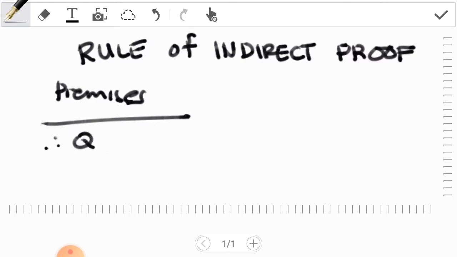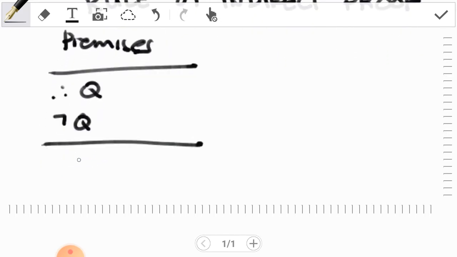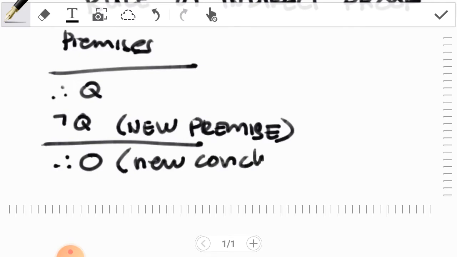For the rule of indirect proof, we will now negate the original conclusion, and then the new conclusion will now be the false value 0. The negation of the original conclusion becomes a new premise. It's an additional premise from the premises given, and then this will now become our new conclusion.